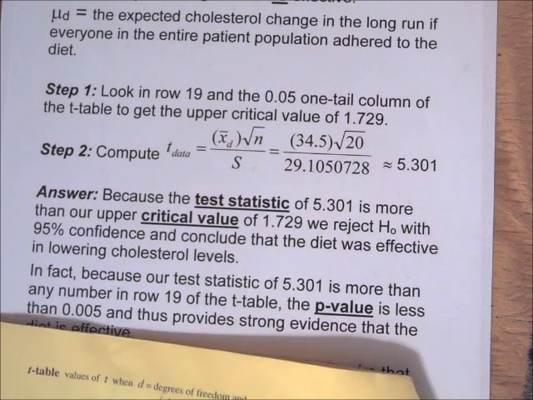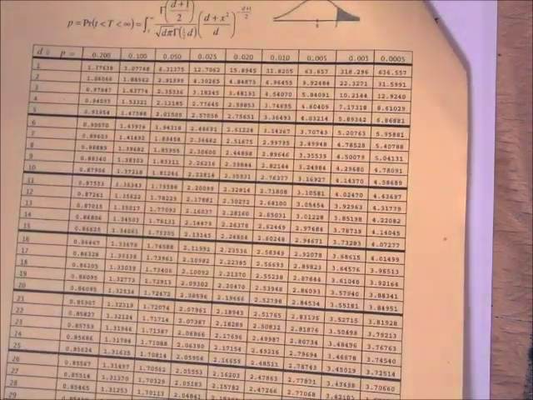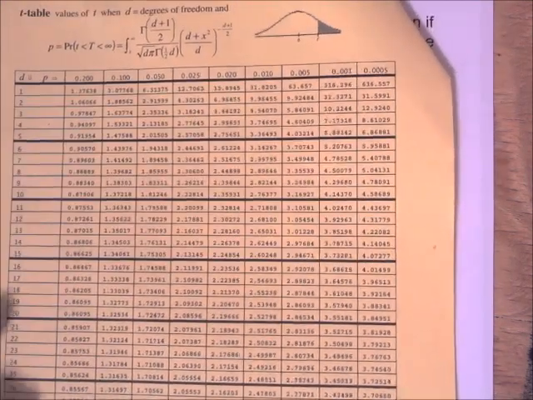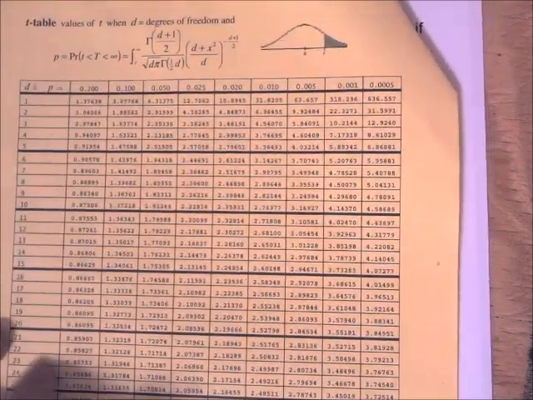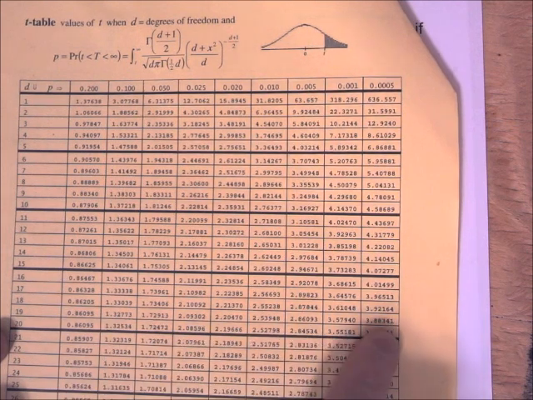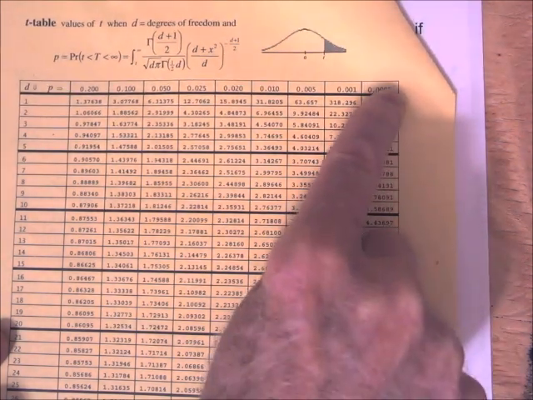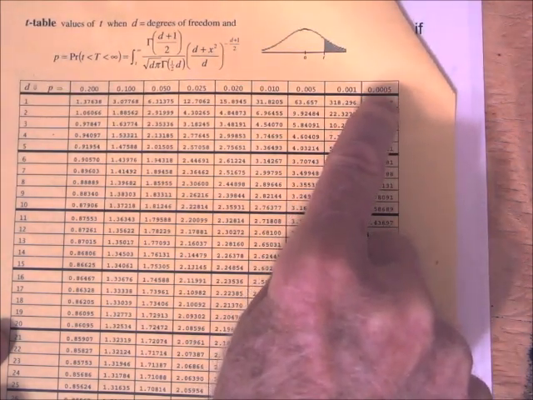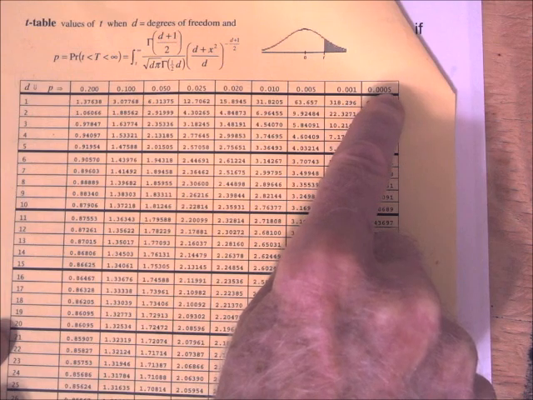If we look in row 19 of the t-table, our test statistic was 5 point something, and that's bigger than the biggest t-score in the table. So that means our p-value is going to be less than the column heading here. It's less than 0.0005.